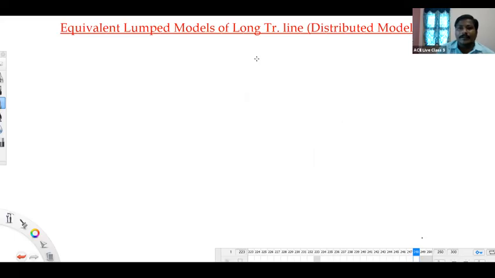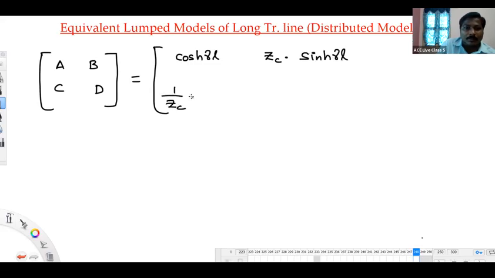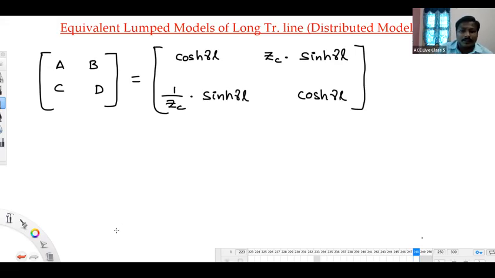First of all, for this uniformly distributed model, you know the ABCD parameters. I am writing the original ABCD without taking the line as lossless: cosh gamma L, ZC sinh gamma L, 1 by ZC sinh gamma L, and then cosh gamma L. These are the original ABCD parameters of the long transmission line.